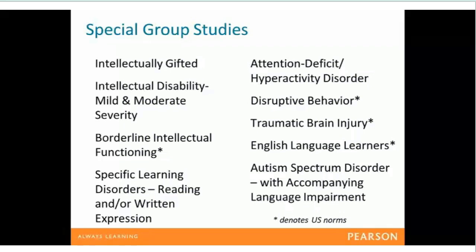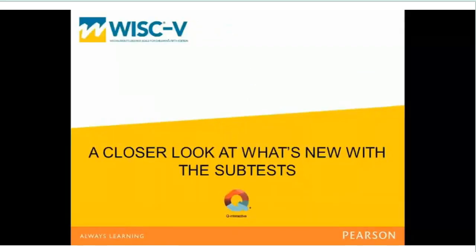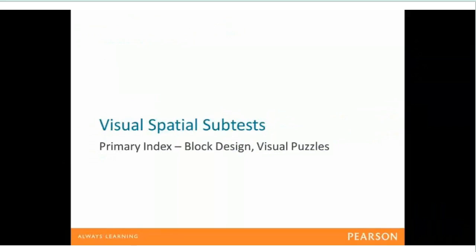If you're using the iPad version, you can access the full content of both manuals in a digital format, including these clinical studies. So let's have a closer look at the subtests, just focusing on what's new or what's different.